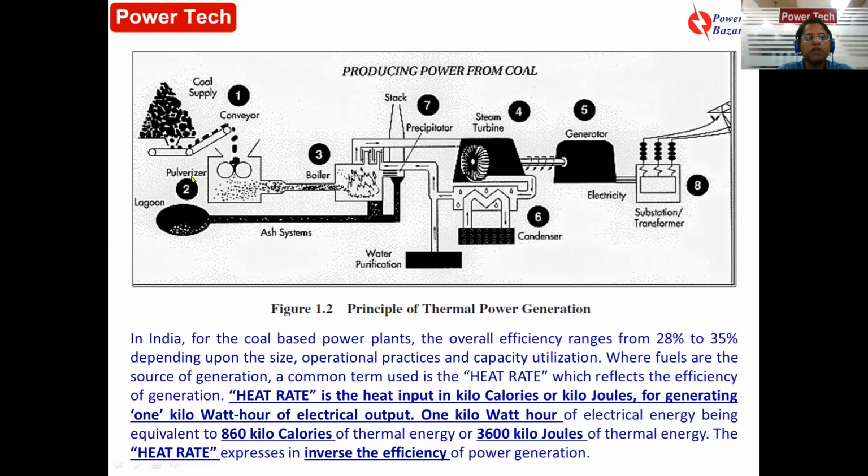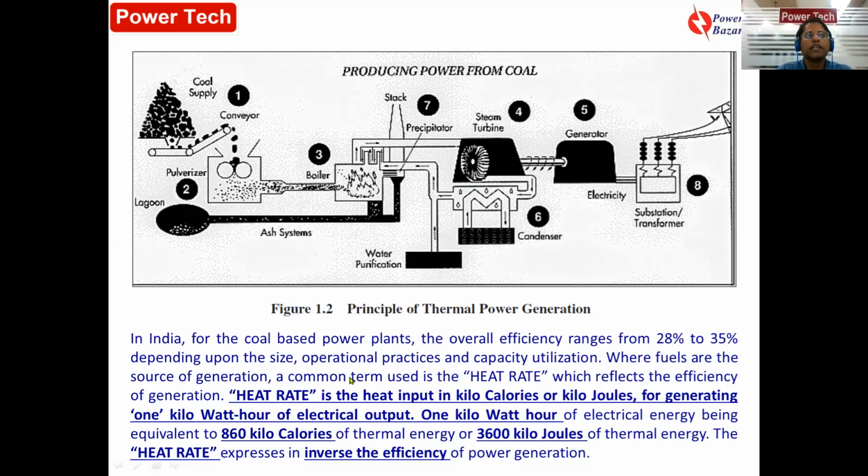So heat rate is basically input energy divided by output energy, input energy in kilocalories, output energy in kWh. So heat rate is inversely proportional to efficiency. Efficiency of a system is always output by input, whereas heat rate is input by output.